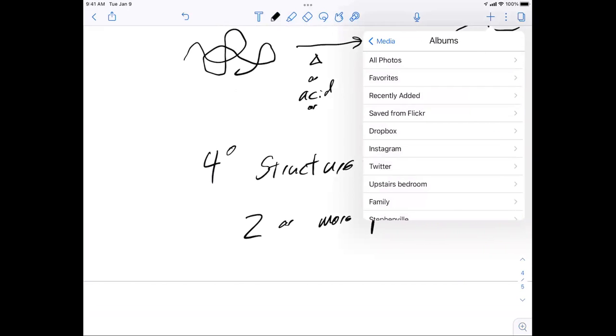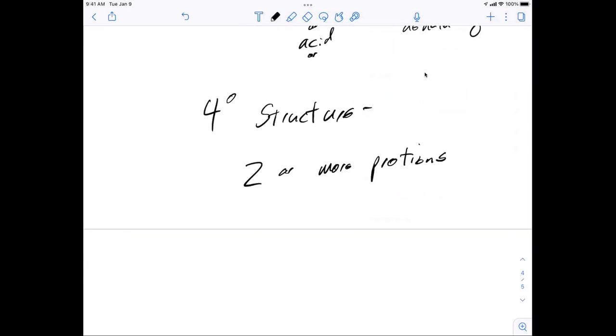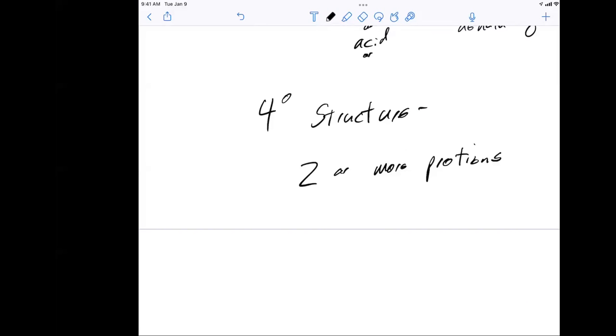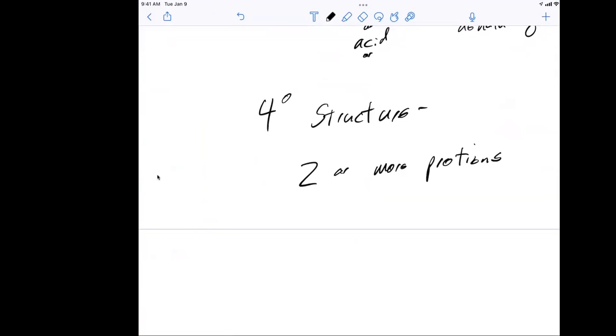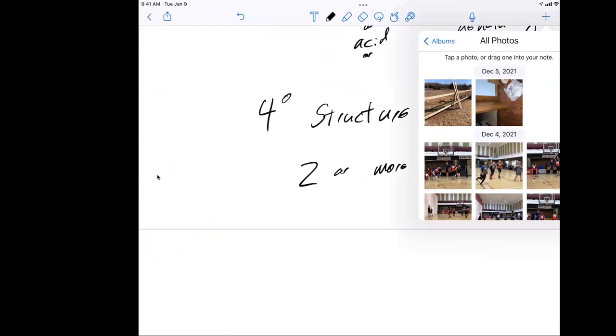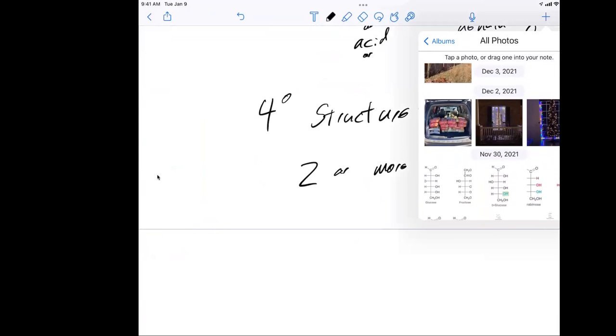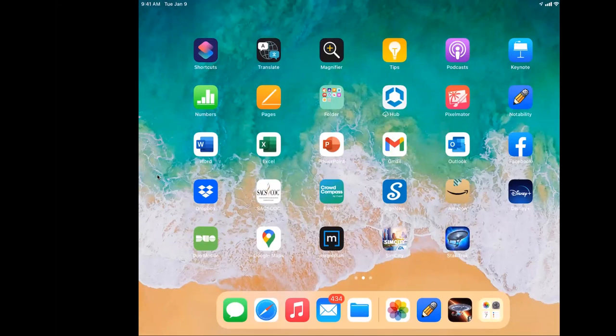Okay, so if we look, did I not download that picture? I don't know where it went.